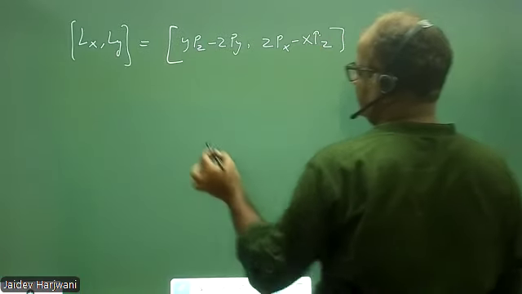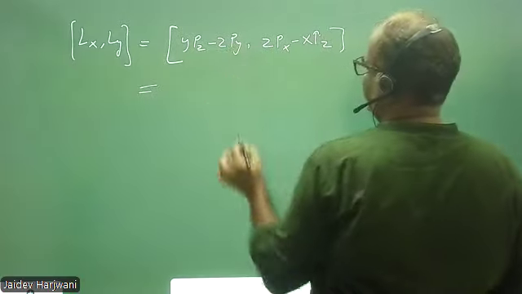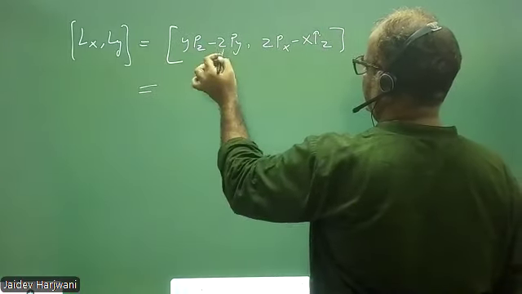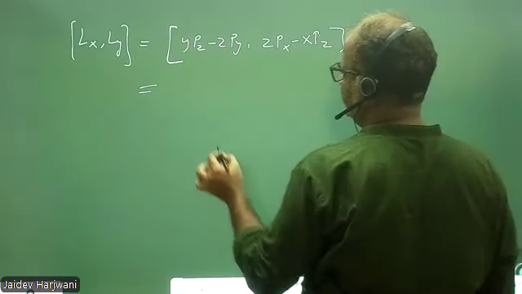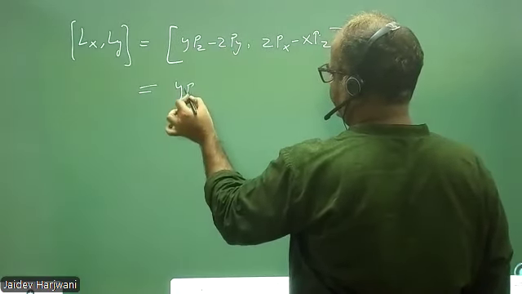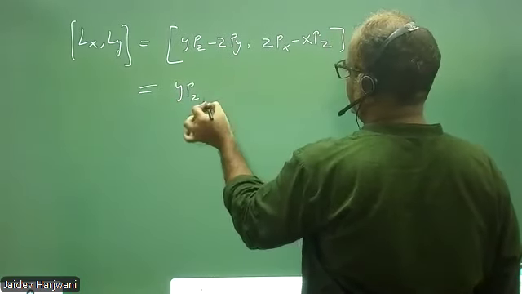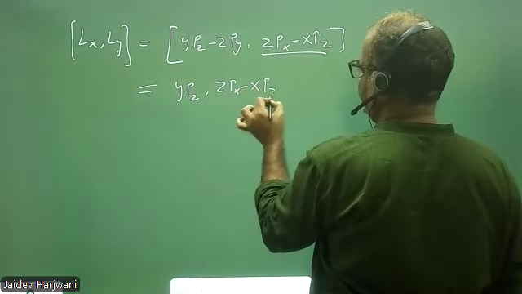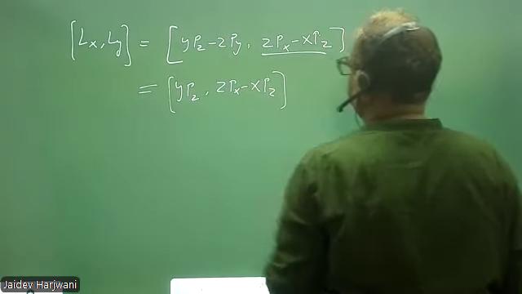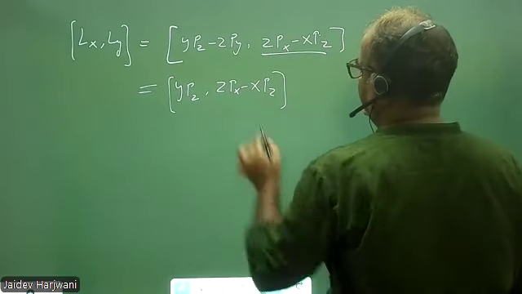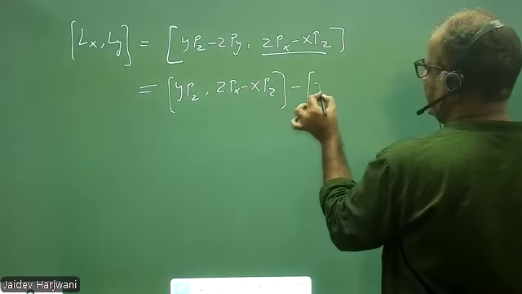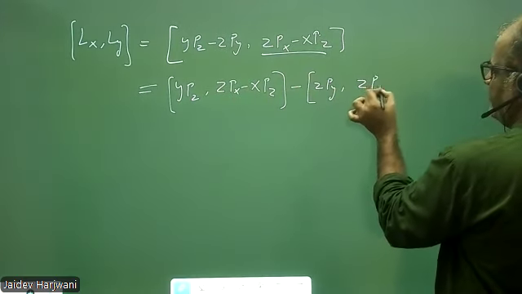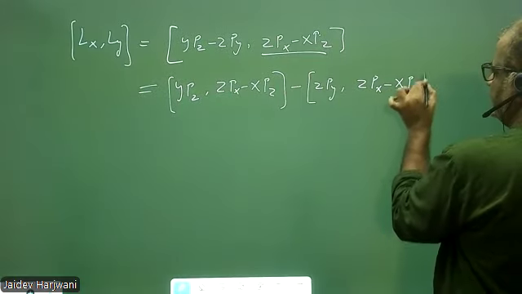Now let us solve this one. From the commutator, I can consider this as a single quantity and these as two quantities. So this will give me y pz commutator with this one, z px minus x pz. And now I consider this as the second quantity, so this will be z py, again with the single z px minus x pz.